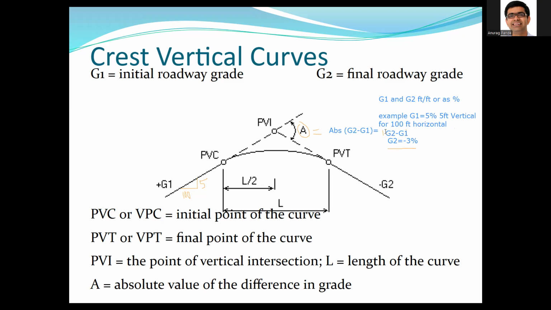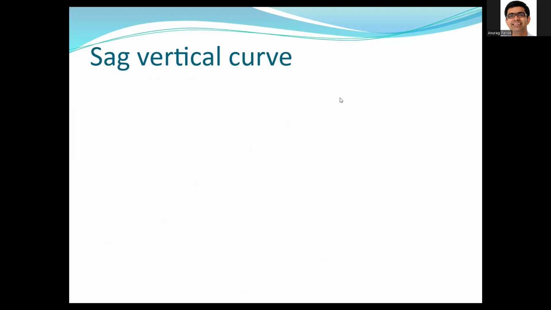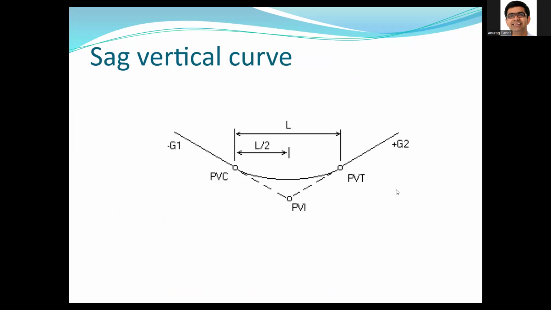Now there is a corresponding version of this curve. If you go to the next slide, you will see the corresponding version, which is called the sag vertical curve. It's the same thing, but now the condition is that G1 is less than G2.